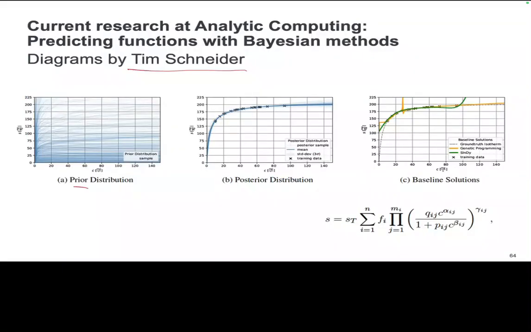So here we have different functions, and each function is assigned a probability, and there are infinitely many functions that are described here. And these kinds of priors are used in order to derive functions from individual data observations. And what you here see is then a probability for these functions to take a different shape. This is a function that's less likely, and this is a function that's more likely.